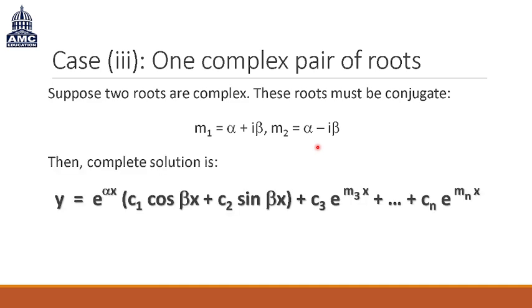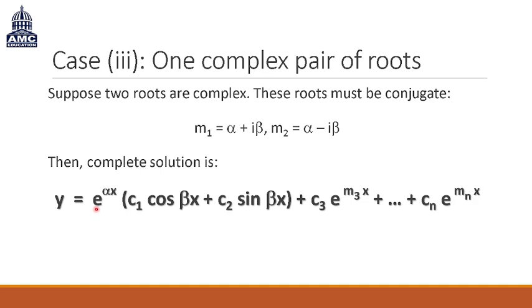The complete solution for this is given as follows: e to the power alpha x, where the real part of the complex roots is the coefficient of x, multiplied by a linear combination of cosine beta x and sine beta x.